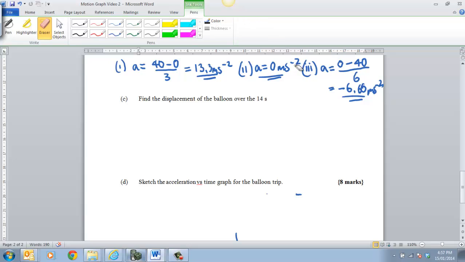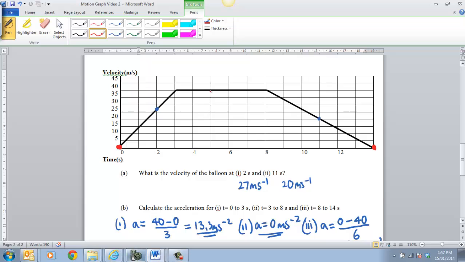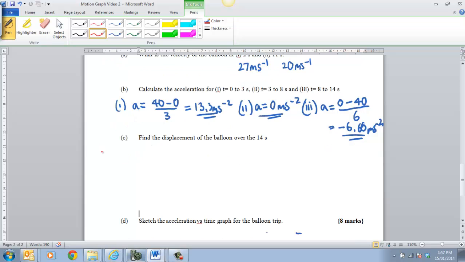So the displacement is going to be the area under the curve. All right. So what we have to do is break this into shapes. So we've got a triangle there, we've got a rectangle there, and then we've got another triangle there. So if we're thinking about displacement, our S is going to be equal to a triangle. Our first triangle has got a height of 40.